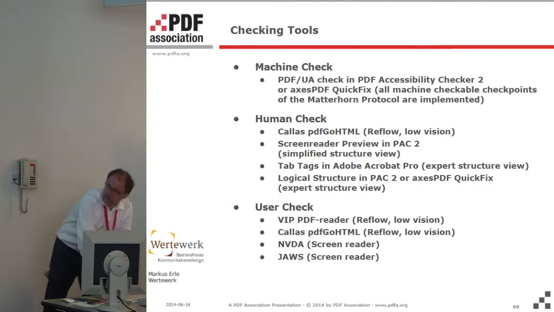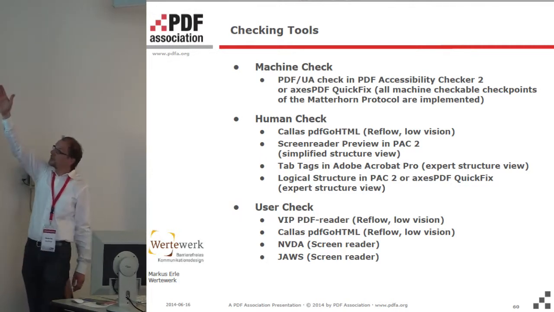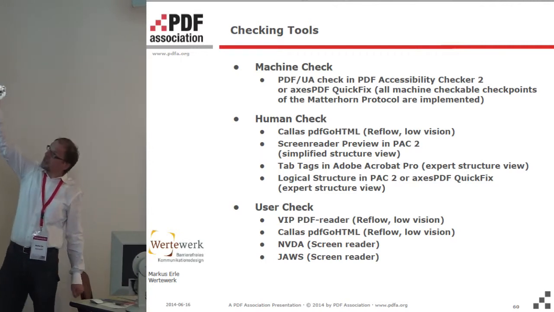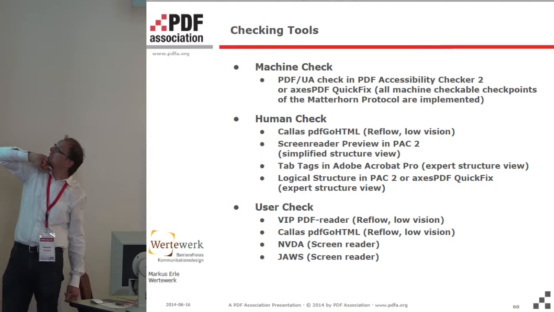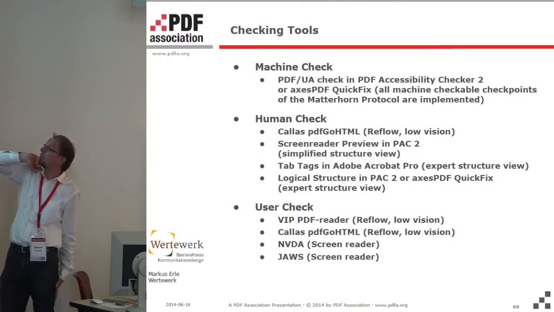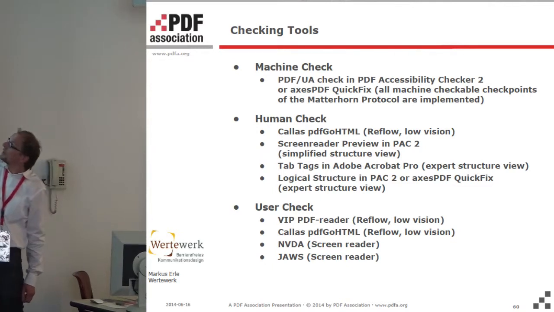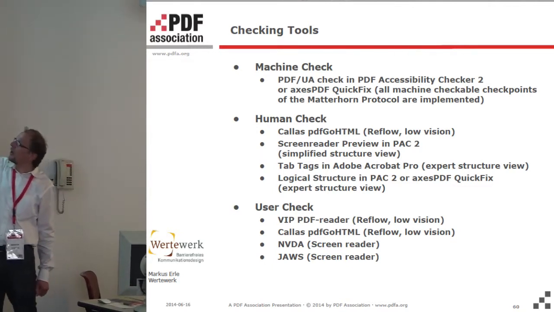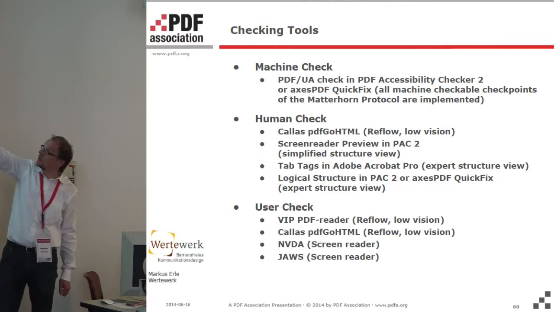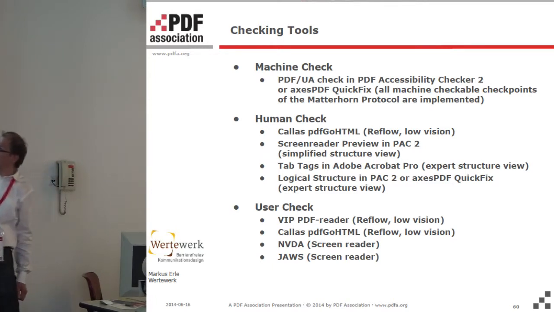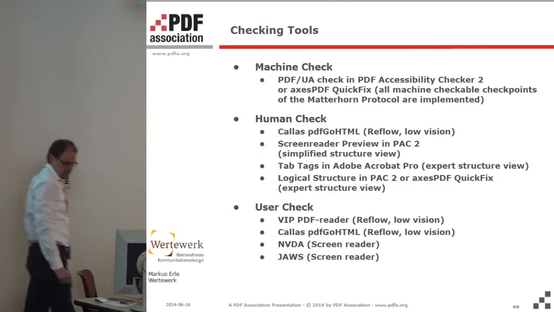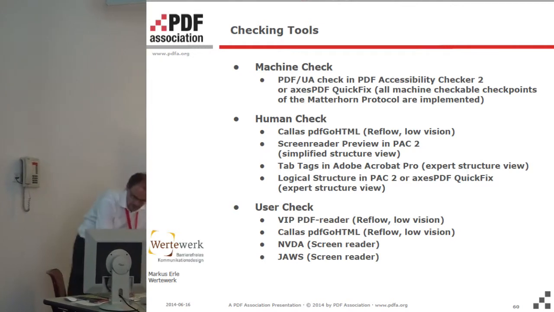A short overview. Which tools are available for machine check? For PDF UA, the PAC 2 PDF Accessibility Checker is the only tool at the moment. And you have several tools for the human check, or you can combine it with a user check with assistive technologies. That would be the best practice.